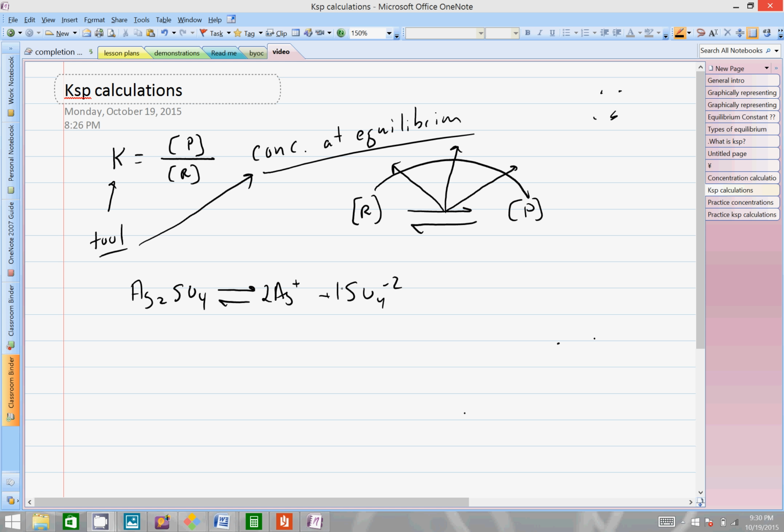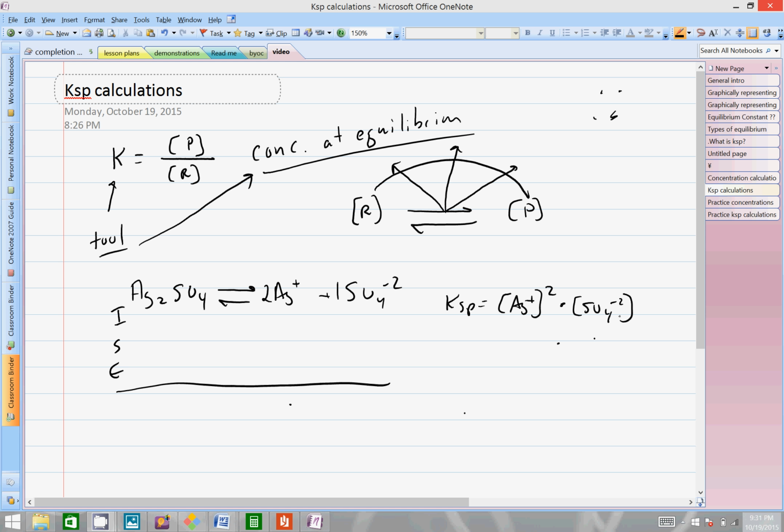I usually leave this open as an opportunity to put information in as I go along, reading through my problem. My KSP equals the concentration of my Ag plus squared times the concentration of the SO4 minus 2.